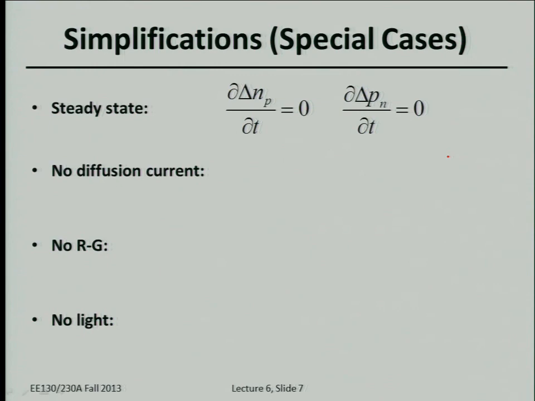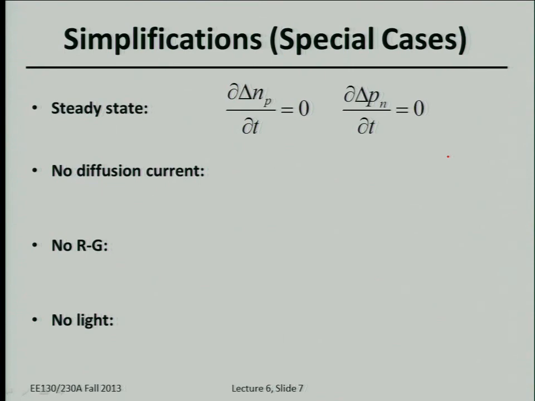Steady state. So the definition of steady state means that nothing is changing over time. I mean, no macroscopic quantity is changing over time. So even though at all times you have generation and recombination of electrons and holes, on average, the carrier concentration or the excess minority carrier concentration might not be changing with time. And that's what we call a steady state condition.